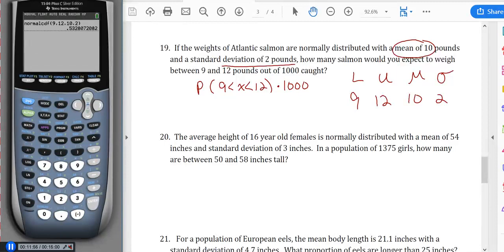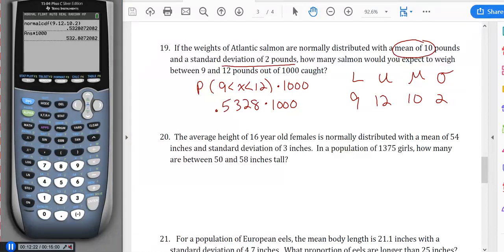Press enter. 0.5328. Now I still have to multiply by 1,000. When I multiply by 1,000, I'm just going to hit times and just put 1,000 in. The calculator knows that's 0.5328072082 multiplied by 1,000.